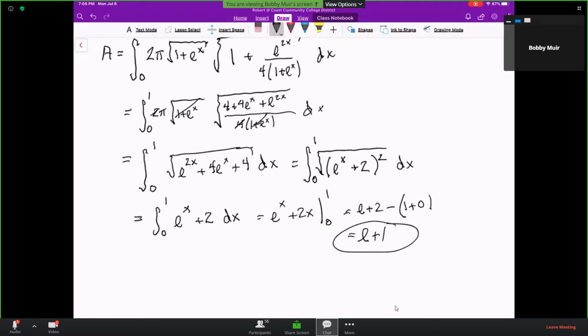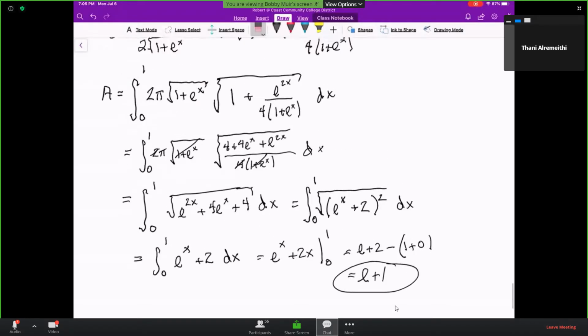Anyways, there's our answer. Bobby, I have a question. Yep. In this step, from e to the 2x, how has it become 4 plus 4 e to the x plus e to the 2x? How is it changed?